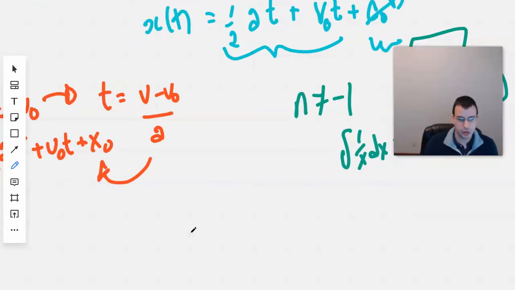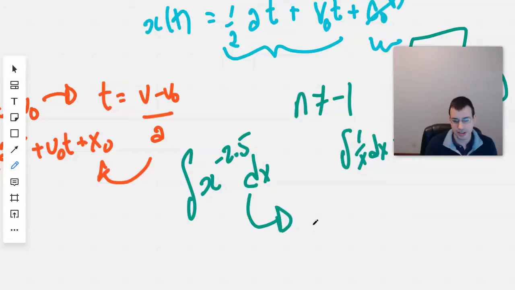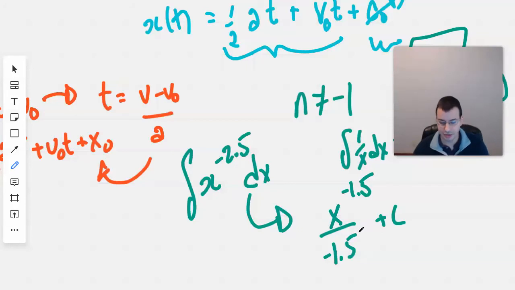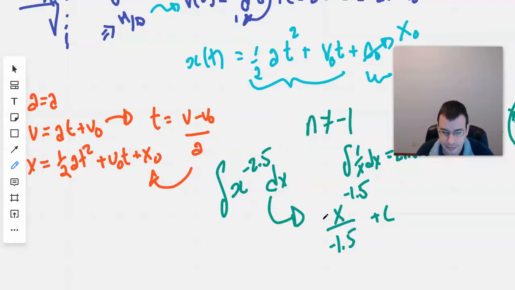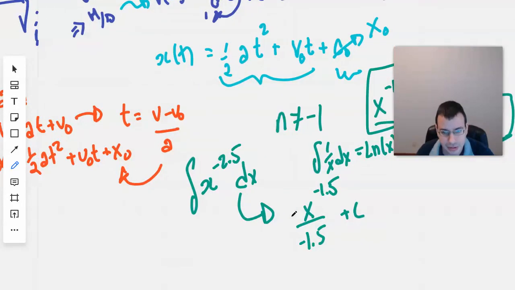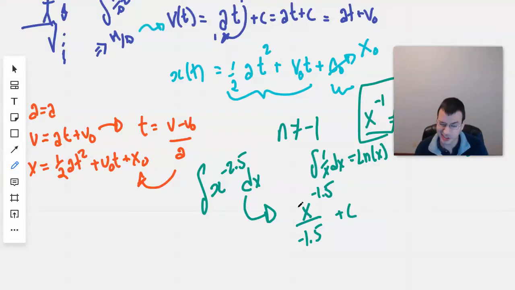One other quick example, if we did x to the -2.5 integral dx, we would then get something like x to the -1.5 over -1.5 plus c. So you can use negative numbers and you can use fractions. Okay? Sounds fairly reasonable. And that's pretty much all there is to the power rule.